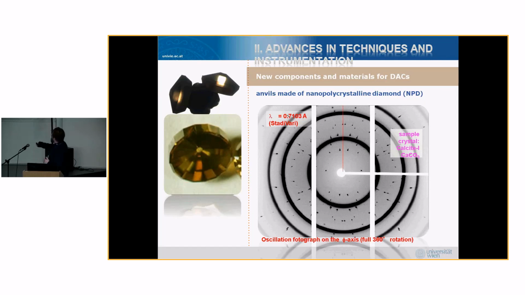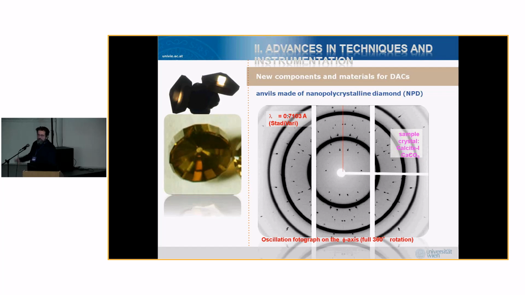And you see here the big rings, 3 rings from the anvil, and then here the spots. This is from the sample. But you don't have this problem with the statistics. This is working, but I have to say sometimes you lose too many spots sitting on the rings, and you are anyway happy in high pressure diffraction if you really can get what you get, because so much is constrained by the limited space and by the limited access.